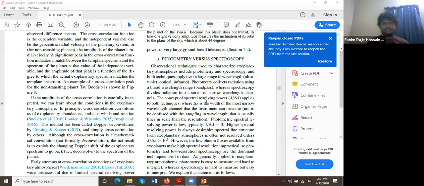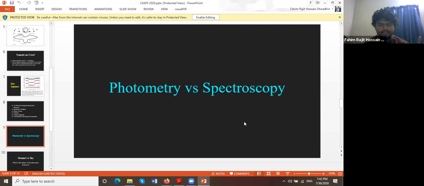So here is the important thing. Again, I'm going back to the slide. When you are doing exploratory sciences, what method do you prefer? Is there anyone who is working on photometry of anything like stars or clusters or something?